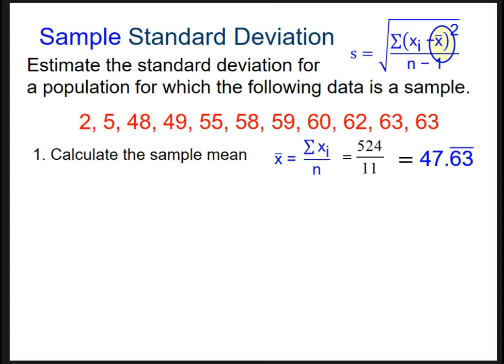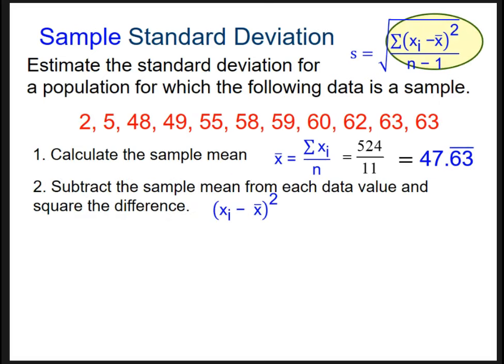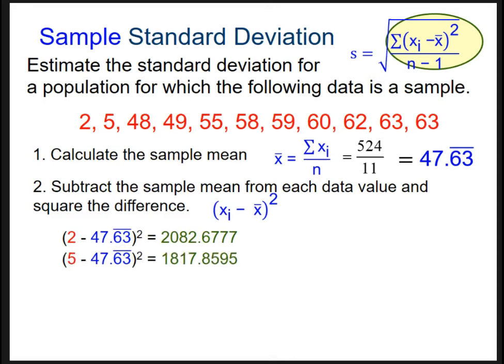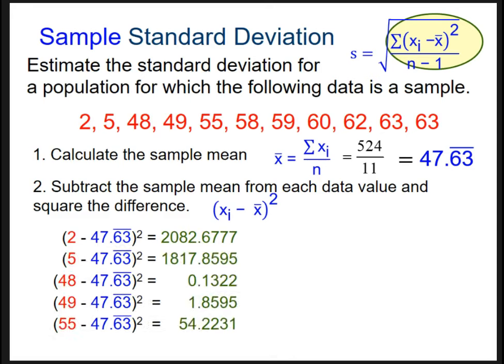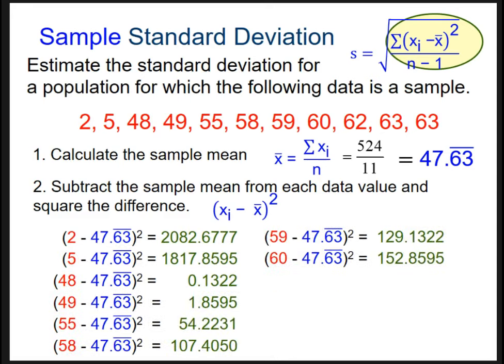Now that we have that, we can take each individual measurement and subtract it from the mean and then square that value. So if we take 2 minus the mean, get that number, and square it, we get 2,082 and some change. And if we do that for all 11 data points, we get 11 numbers.